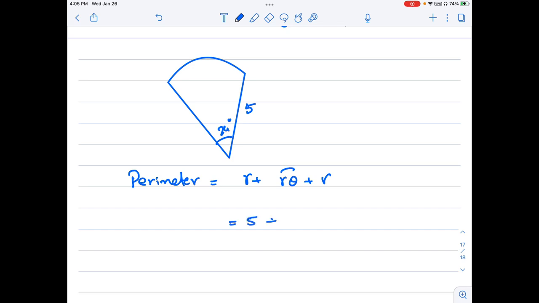So which is 5 plus 5 times theta, theta is 24, but it should be in radians. You have to convert into radians. 24 degrees, we should not be writing it out in degrees.